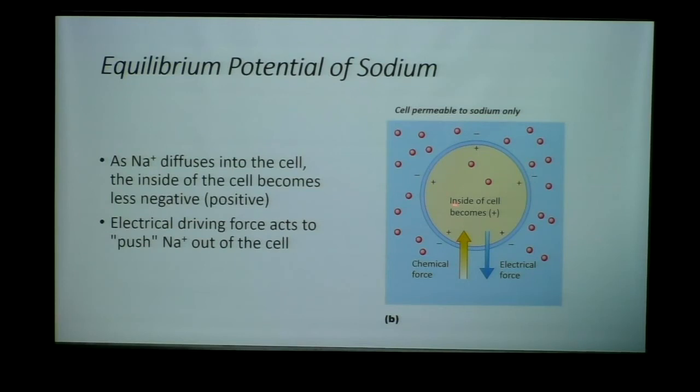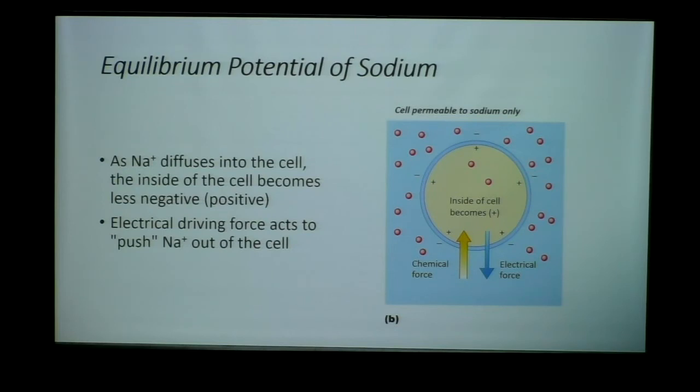Sodium's coming in, so what's the electrical force for sodium? It's positively charged. Where would it want to go? It wants to go outside, to that negative environment.